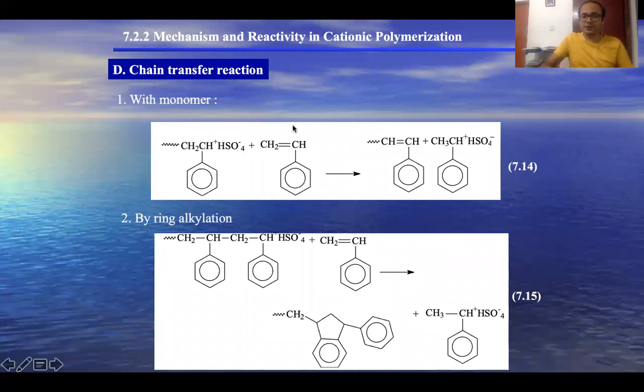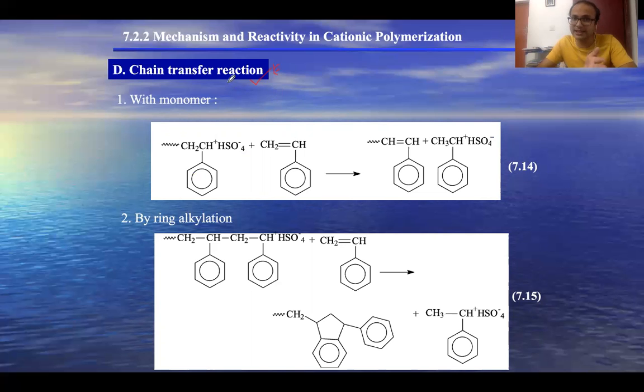Like in the case of free radicals, we also have chain transfer reactions happening in cationic polymerization as well. This is another cause of a problem, because it causes the chains to be abruptly terminated, and thereby we get polymers of low molecular weight.